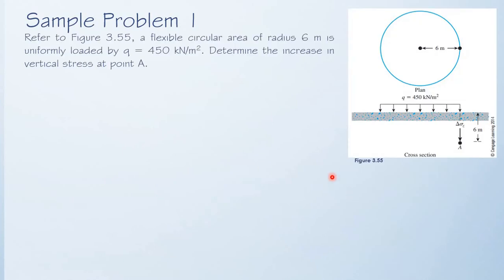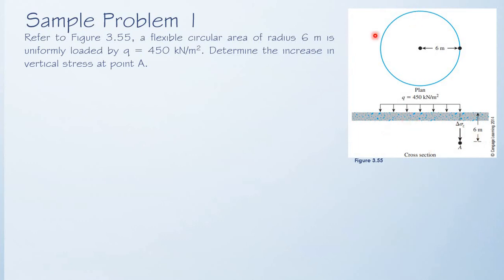Let us now take a look at the sample problem. Refer to figure 3.55, this one. A flexible circular area of radius 6 meters is uniformly loaded by Q equal to 450 kilonewton per meter squared. Determine the increase in vertical stress at point A. This is the plan view, and then this is the cross-sectional view.